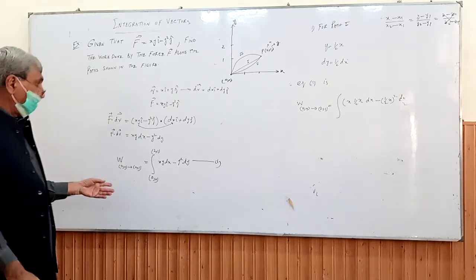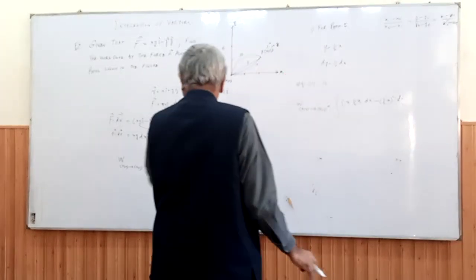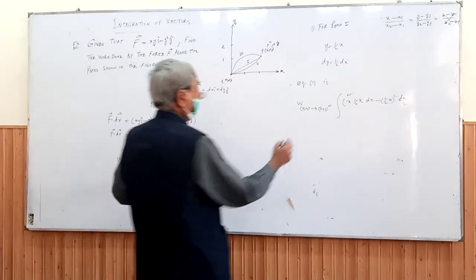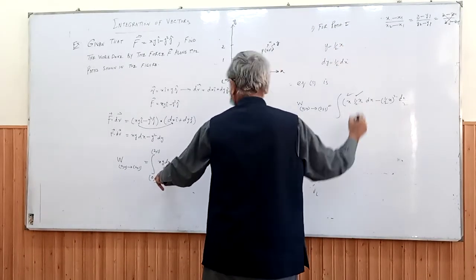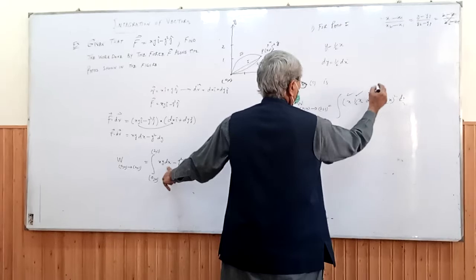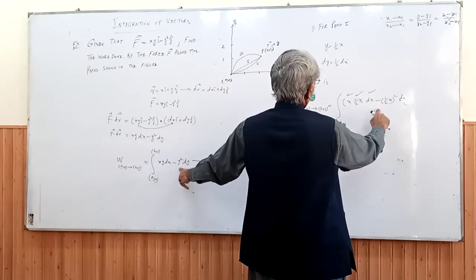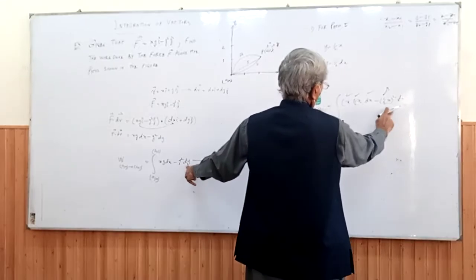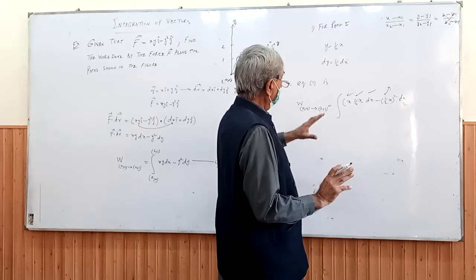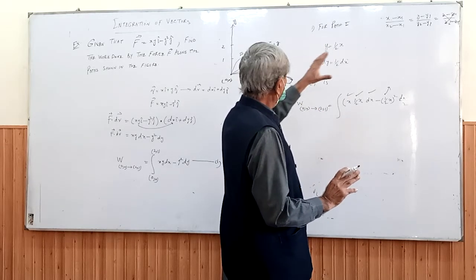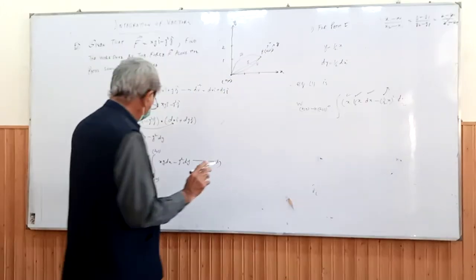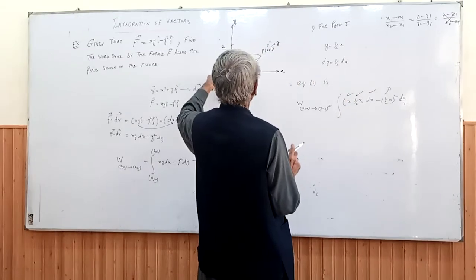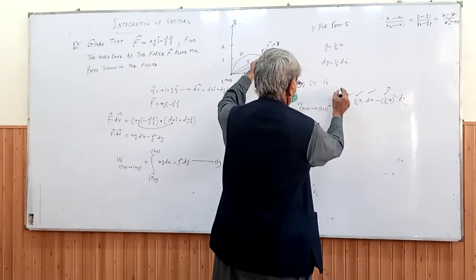I substituted y is equal to 1 over 2 x here. So x as it is, and for y I have put 1 over 2 x, dx as it is. y square means this is the square of this. dy means half dx. And now you see that in this expression, everything is in terms of x. So there will be a single limit, not a double limit, because there is a single variable involved, which is x, and x is running from 0 to 2.